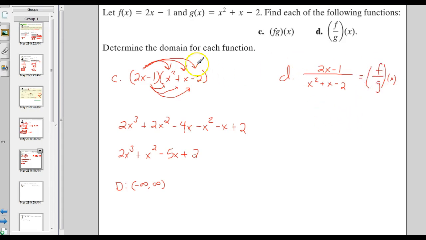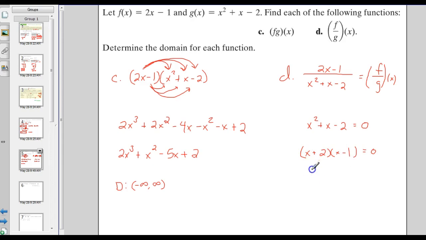But the domain, now because this does have division on the bottom, we have to set that denominator equal to 0 and solve. So x, two numbers that multiply to negative 2 and add to 1 are going to be positive 2 and negative 1.